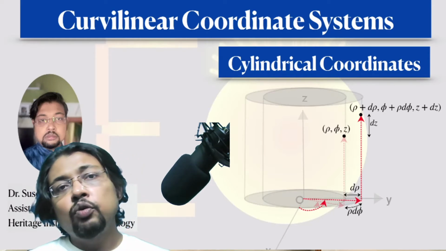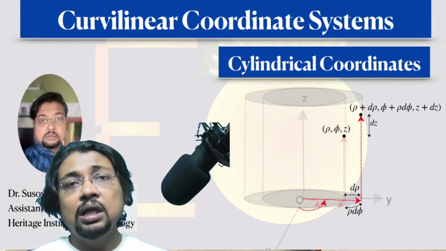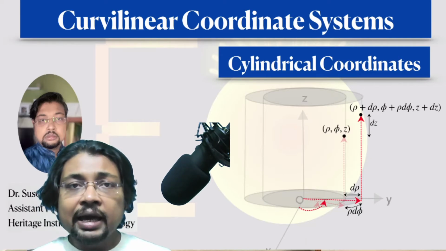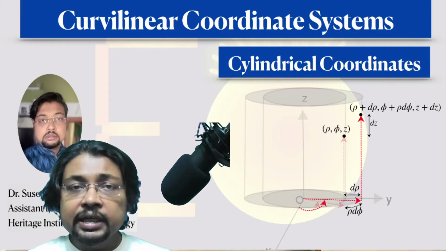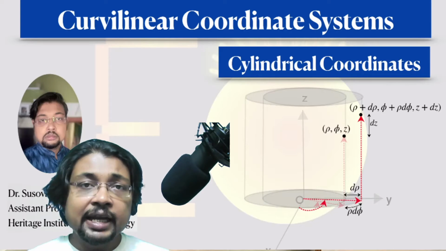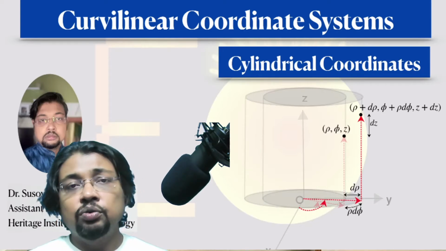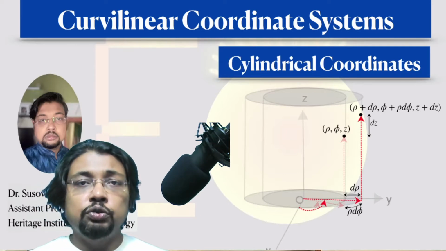Similarly, in the cylindrical coordinate system, we define the point by the radius of a cylinder, the circular angle of the radius with respect to the x-axis, and the vertical z-axis. So the z-axis for the cylindrical and the Cartesian coordinate systems are equal to each other.